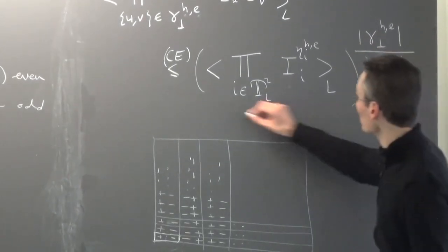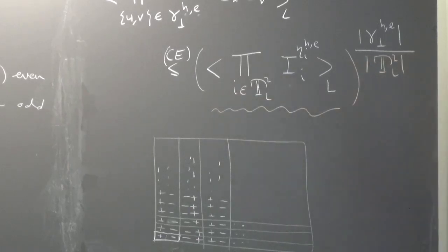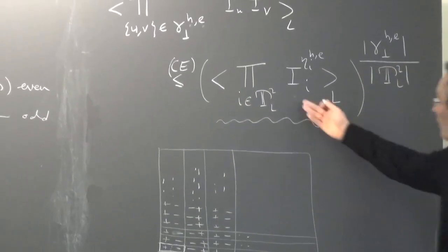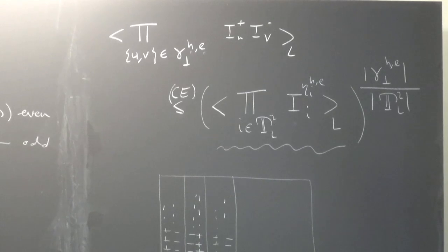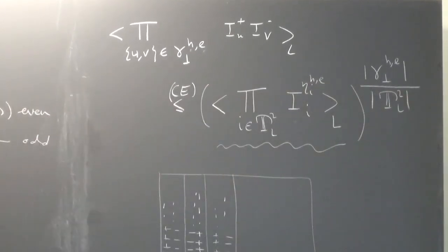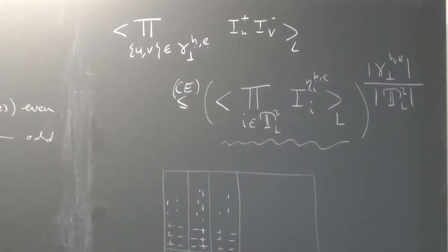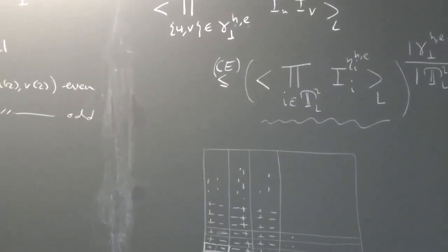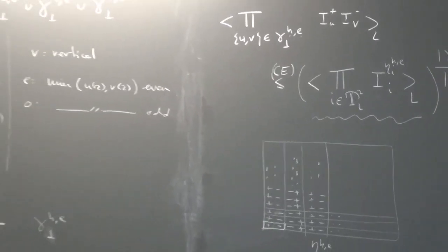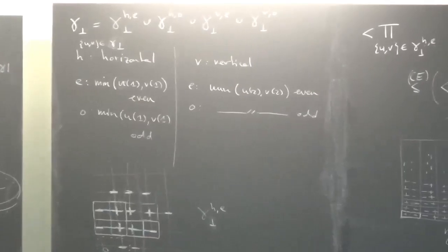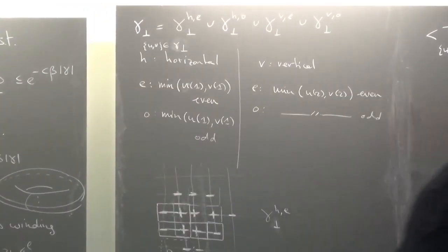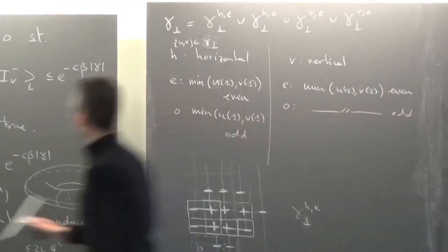And now the only thing that remains to be done is a simple upper bound on this expectation, and then you're done. So it's almost finished. I just have to upper bound that.